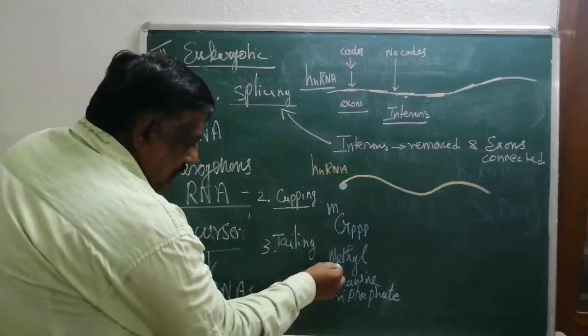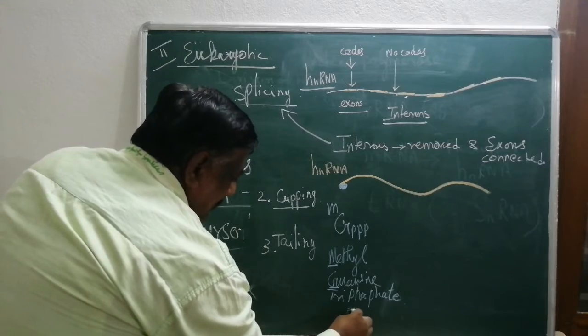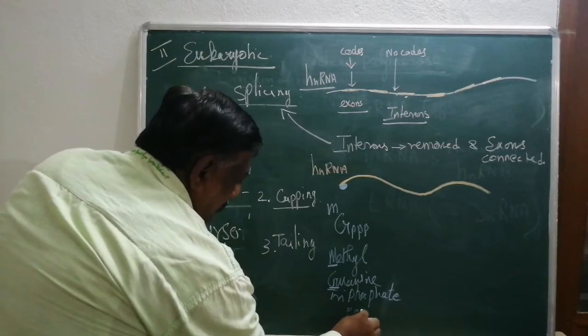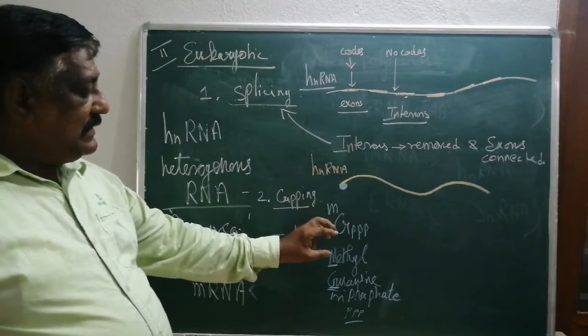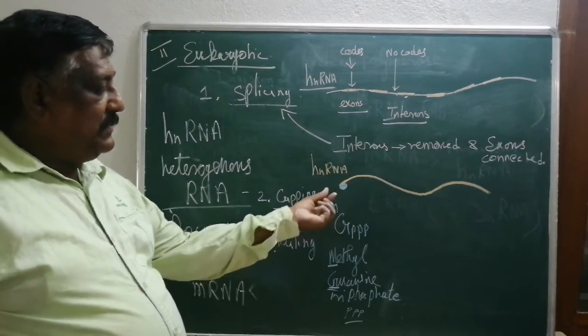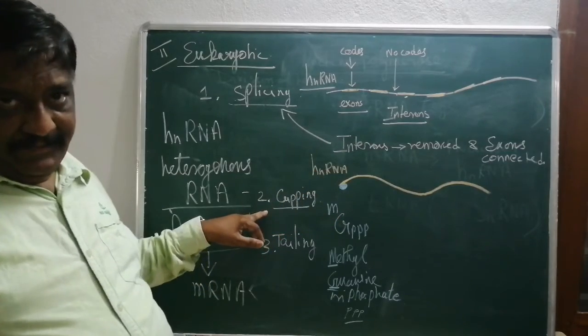Triphosphate is written as PPP, that means three phosphorus. When this methyl guanine triphosphate joins at the beginning of the HnRNA, that is called capping.